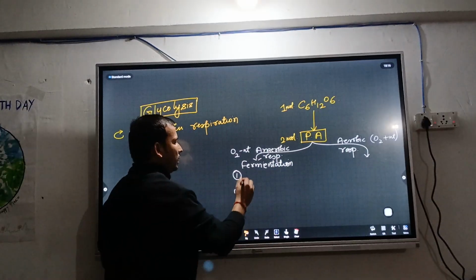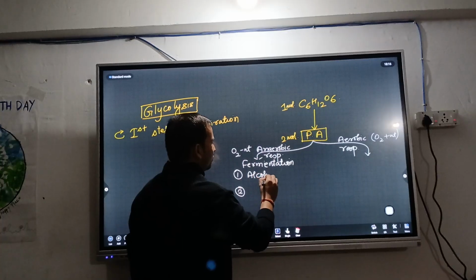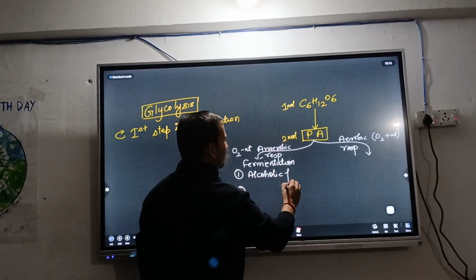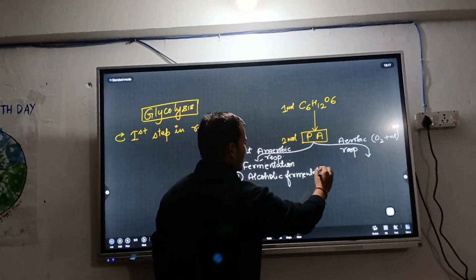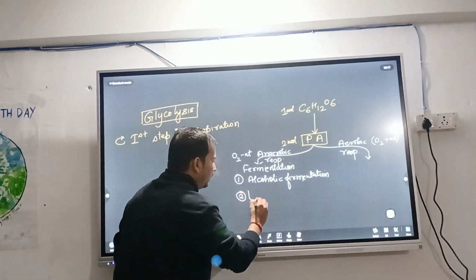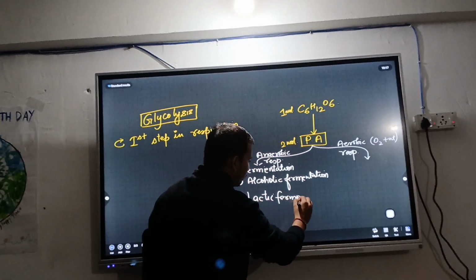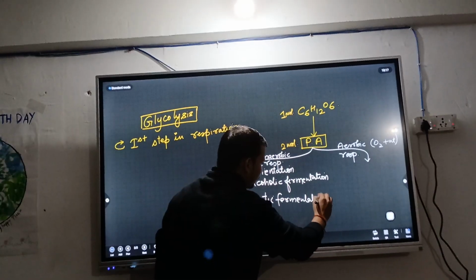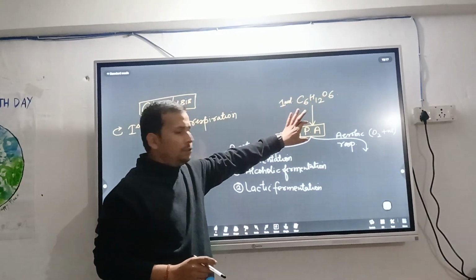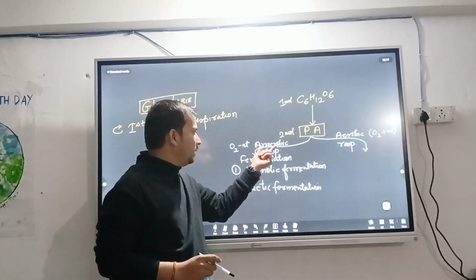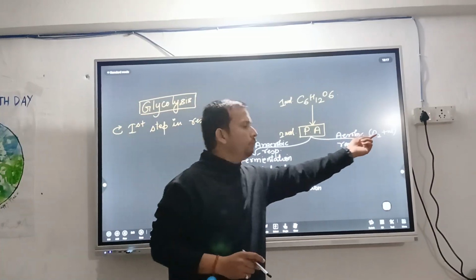This fermentation, student, will be alcoholic fermentation, or it will be lactic acid fermentation. What I am telling you, student? Glucose is converted into pyruvic acid, and finally it is given two options, whether to go without oxygen or with oxygen.